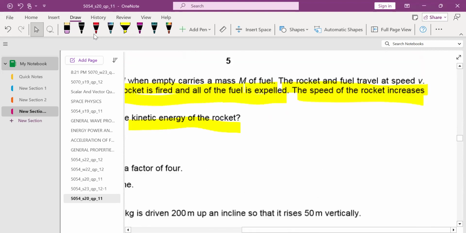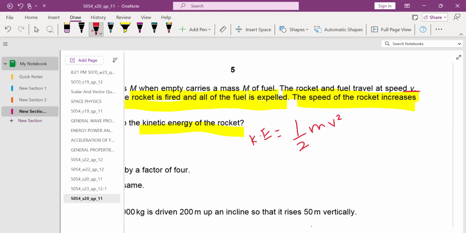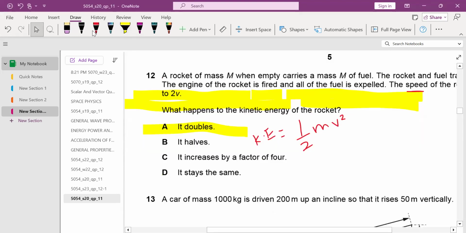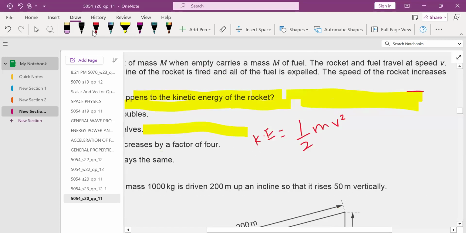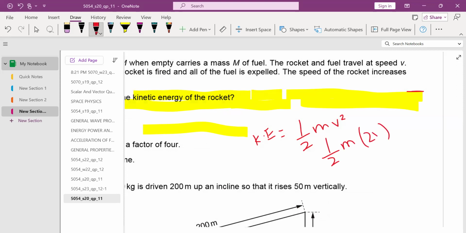Now using the formula of kinetic energy, kinetic energy equals 1 upon 2 mv square. Initially it was v speed, but it increased by 2v. So 1 upon 2 m mass and v square becomes 2v square.